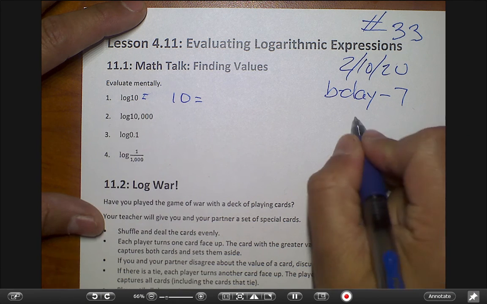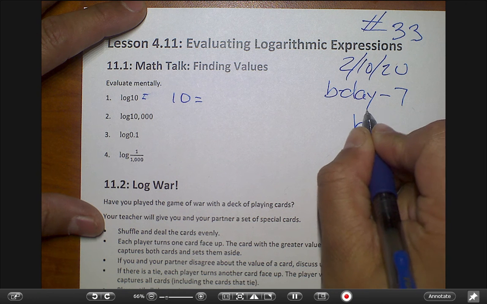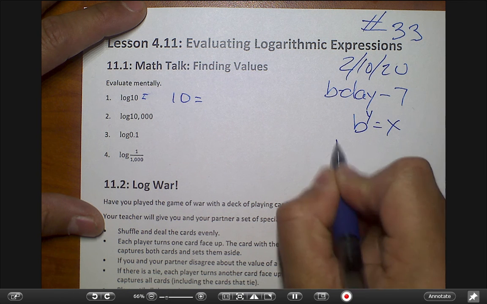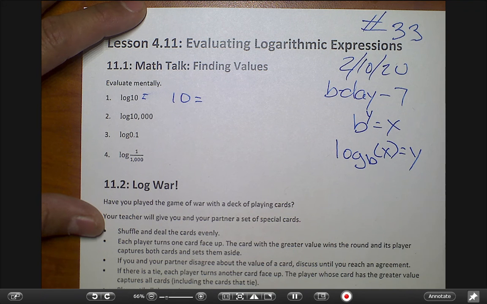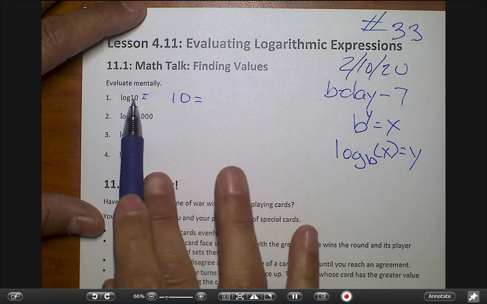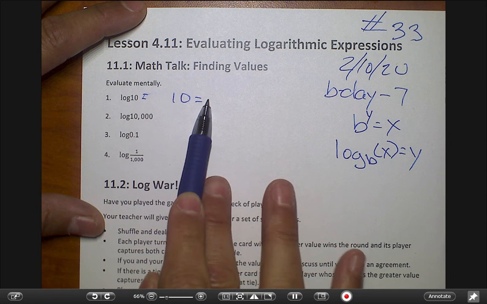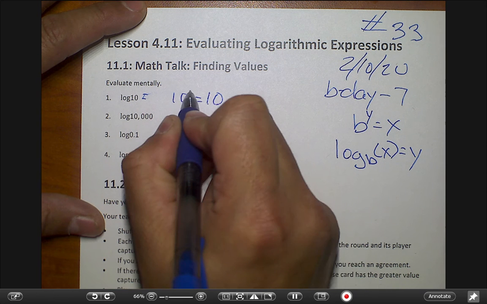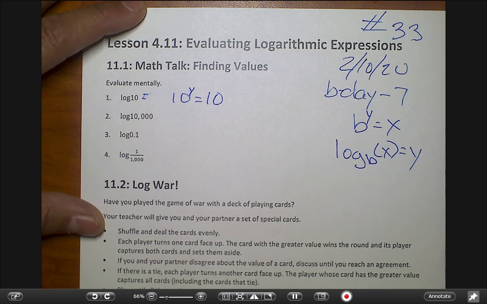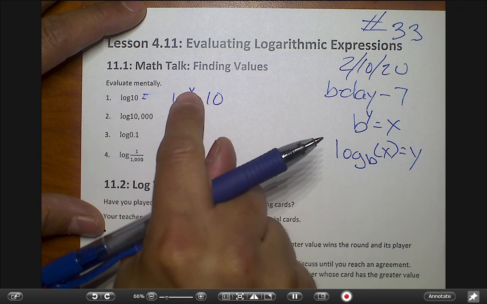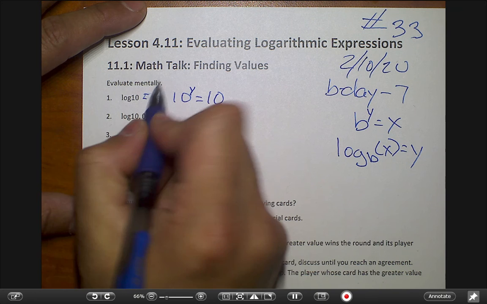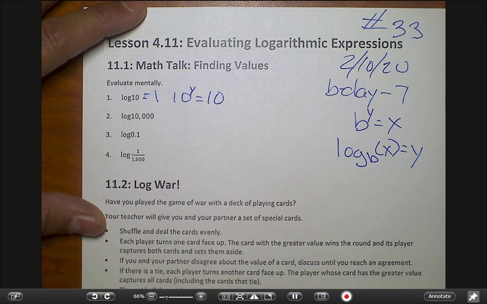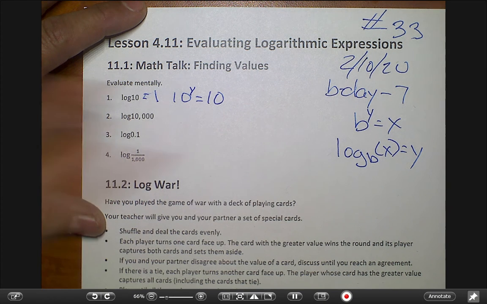Because it's b to the y equals x, and log base b of x equals y. So x is 10, and I'm looking for the y value. 10 to some power gives me 10. What's y? It's going to be 1. So that's one way of doing this mentally without the calculator.